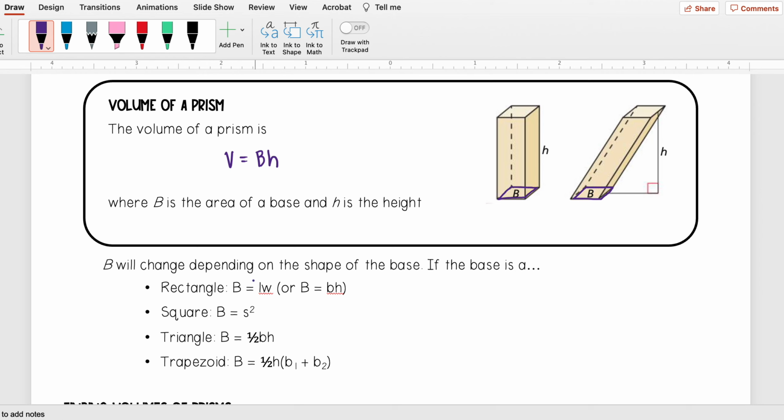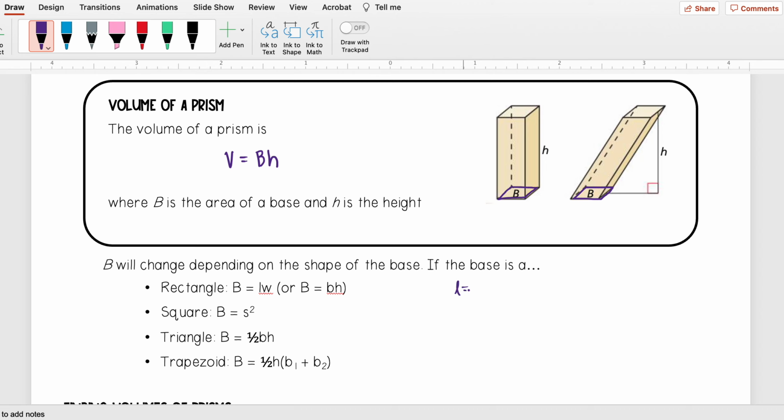And so we have several different area formulas that we have learned over the years. First, for a rectangle: if your base was a rectangle, the area of the base would be length times width, or you may also see it as base times height.